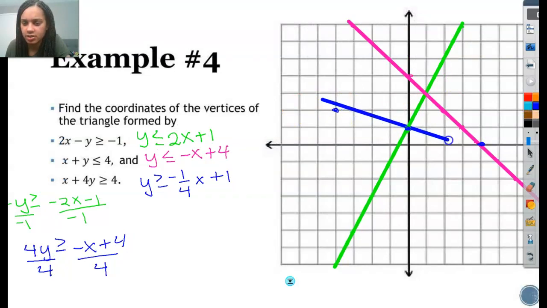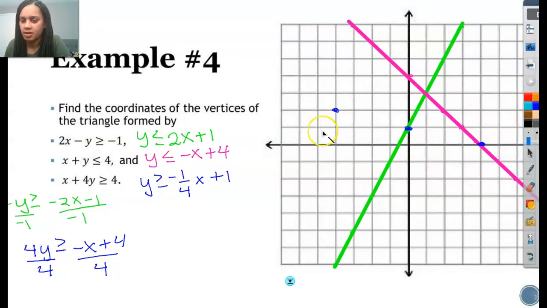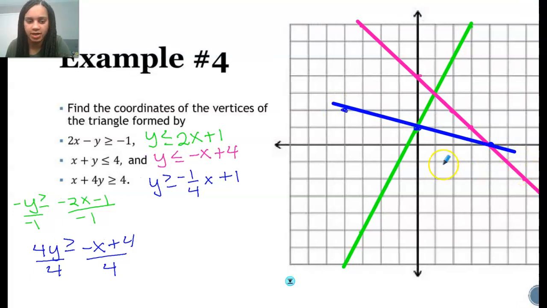I'm going to just kind of do this. Let's try it again. All right, that's a little better. So my shaded region would occur above the blue, but below the green and below the pink. So looks like right here.